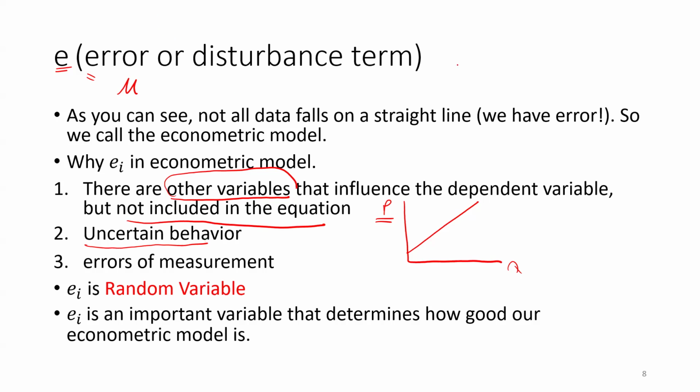And third is errors of measurement. It means this is the measurement error, nothing more. So from all of this, we must suggest that errors must be a random variable.